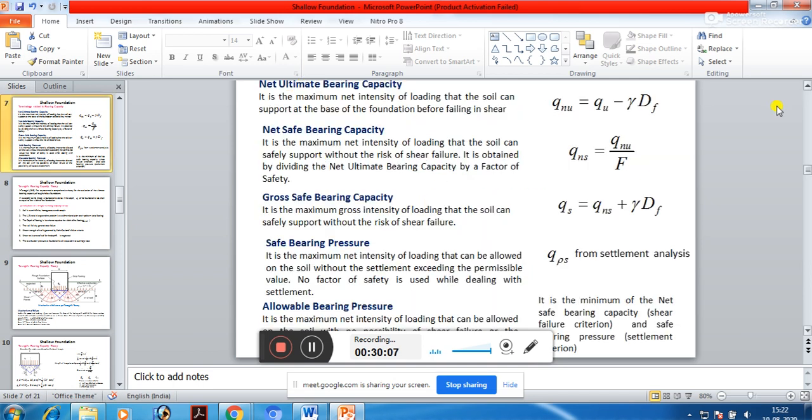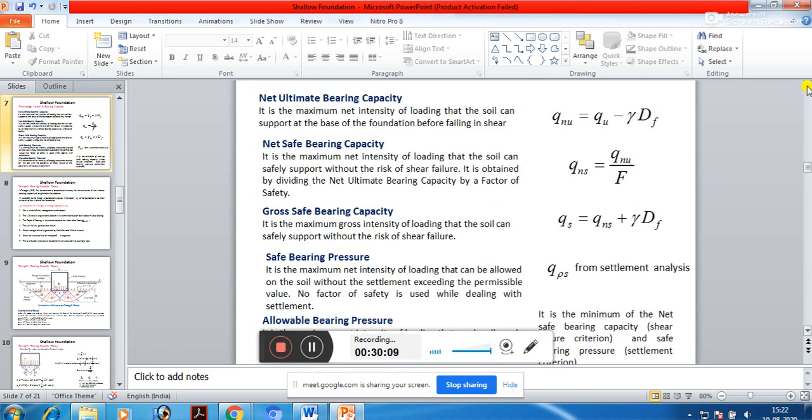So net ultimate bearing capacity. Once you have found out the ultimate bearing capacity, you can find out the net ultimate bearing capacity by subtracting gamma Df, and then you calculate the net safe bearing capacity. Net safe bearing capacity you can calculate by dividing net ultimate bearing capacity by the factor of safety.